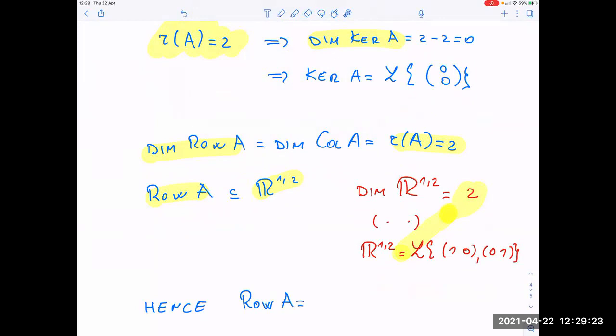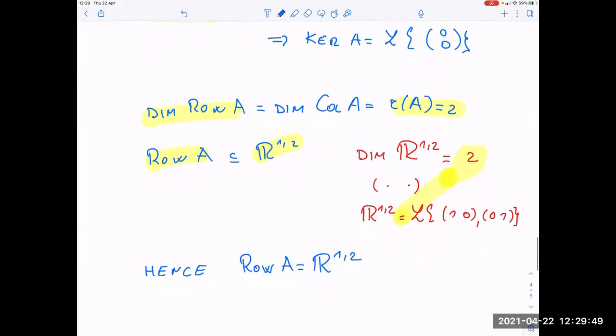So you have two objects, one inside the other, having the same dimension. So what do you think is the row space? The row space is the all of R1, 2. Yes, it's the same as R1, 2 because they have the same dimension and one is inside the other.